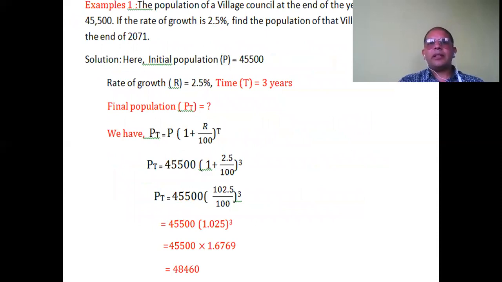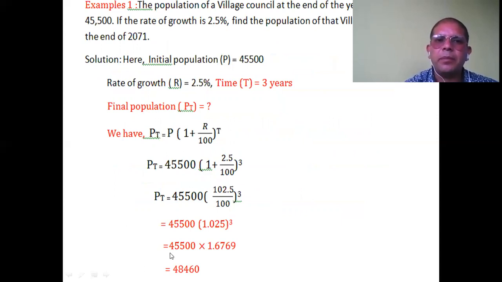Example number one. In this example, the initial population is 45,500, the rate is 2.5%, and the time is 3 years, and the final population PT is how much? We need to find out the final population.